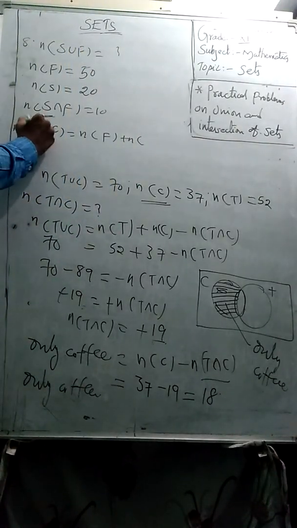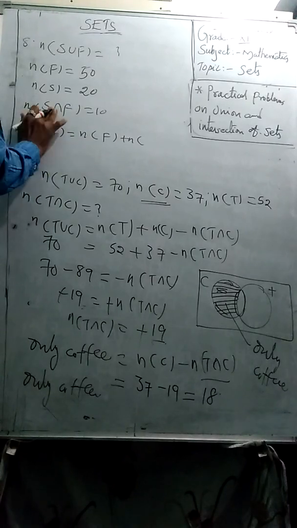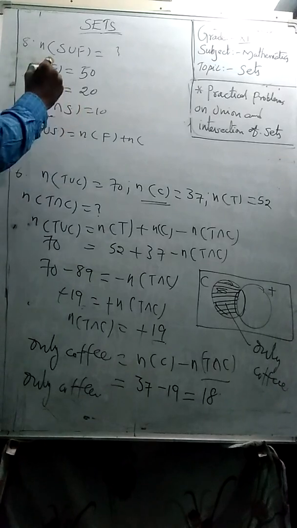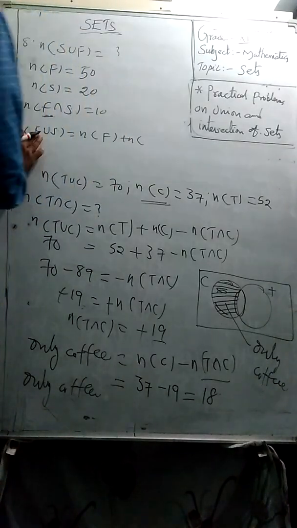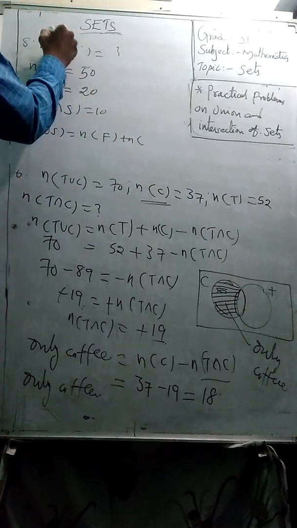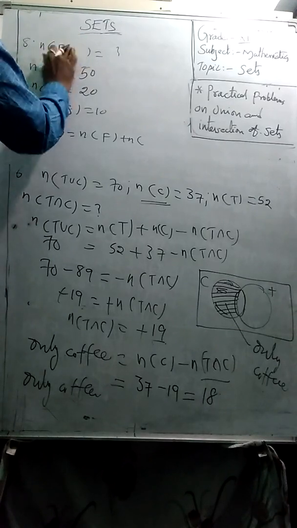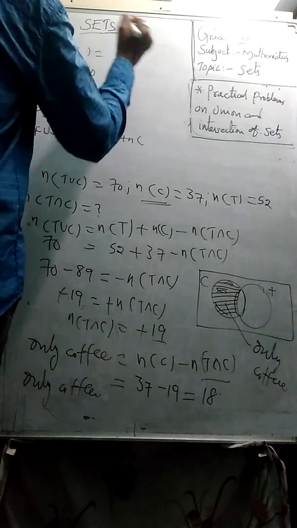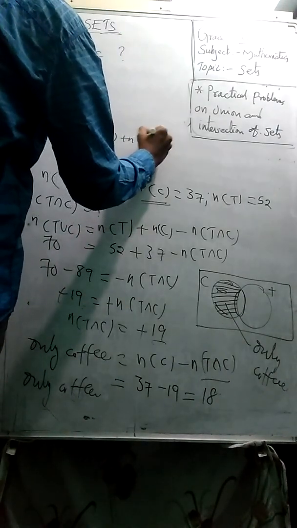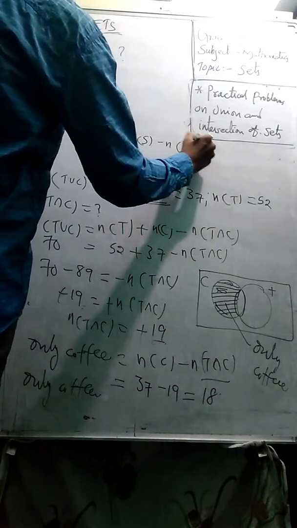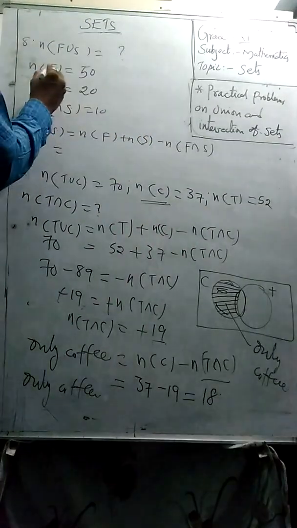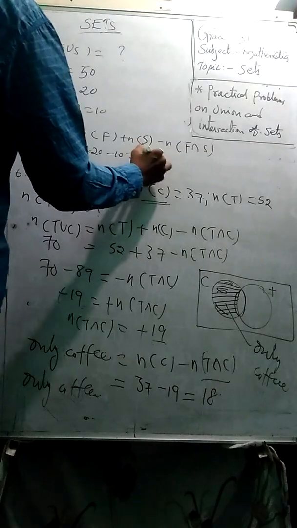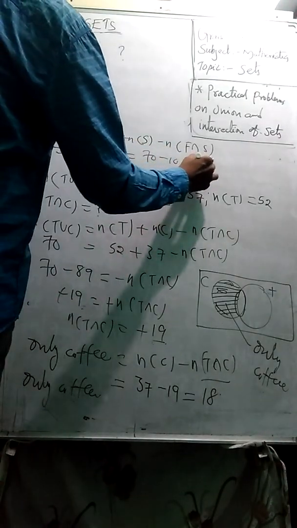If you want, you can take French first. Order is not the criterion here, students, because both have the commutative property, that is why we can take F union S also, F intersection S also. So we need to find this unknown value. Substitute the values: 50 plus 20 minus 10, that is 70 minus 10, which equals 60.